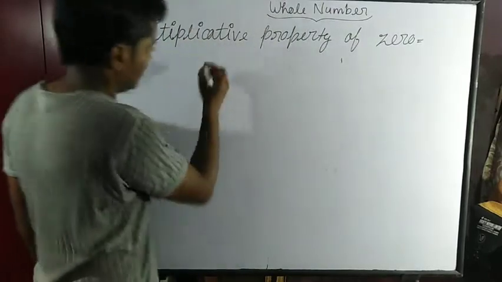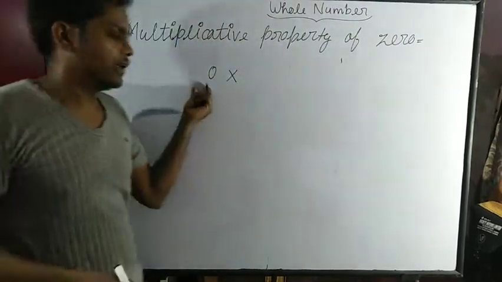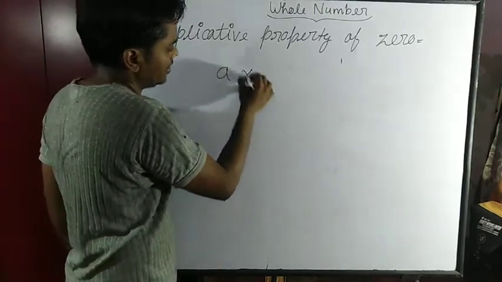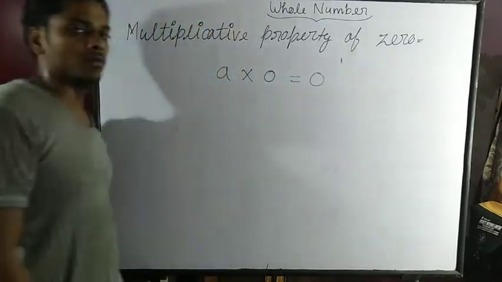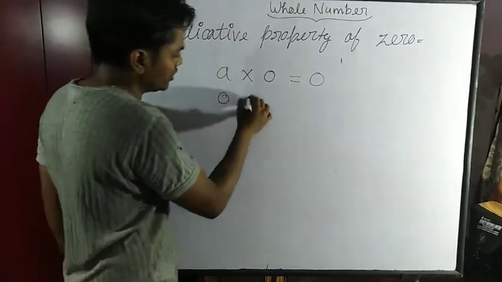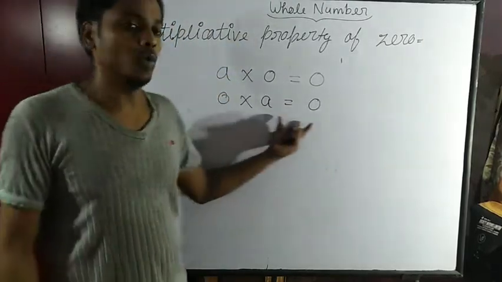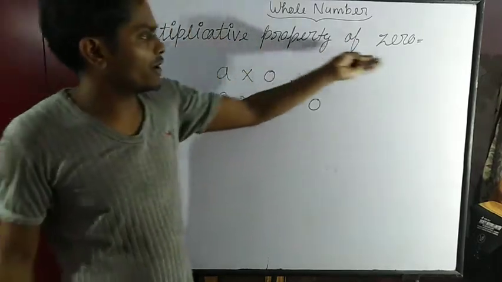What is that? If any whole number is multiplied with 0, meaning A multiplied with 0, it will become 0. Or if 0 is multiplied with any whole number, that will also be 0. Okay, so this is the multiplicative property of 0.